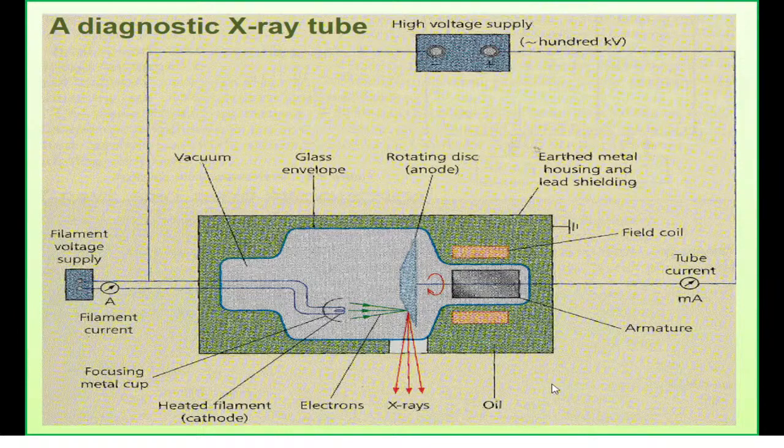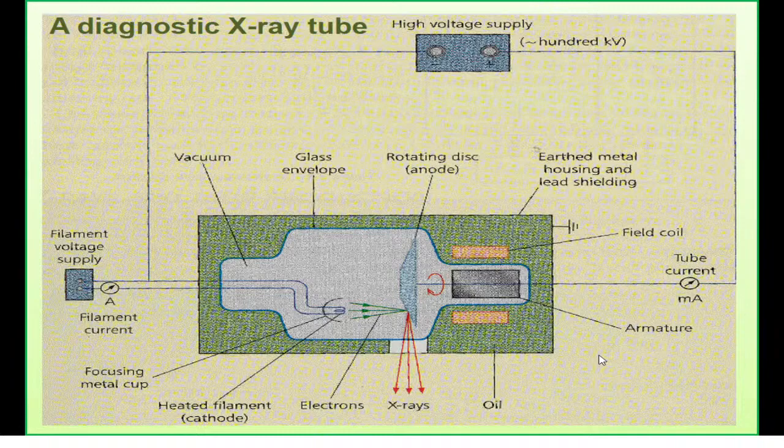So this means that the target, the anode, the disk requires cooling, and this is done by the conversion of the oil the tube is placed into.